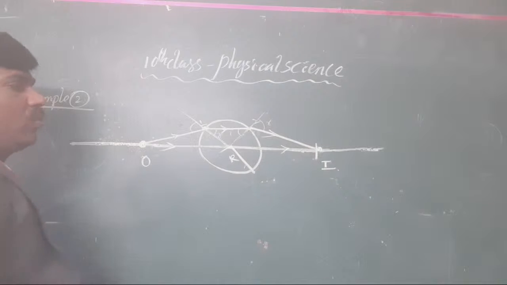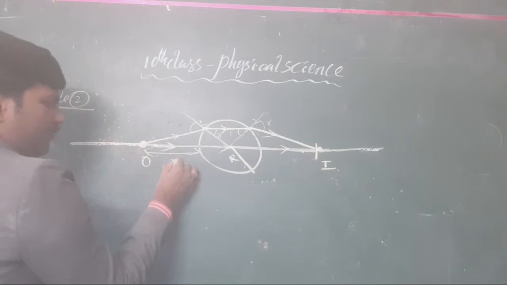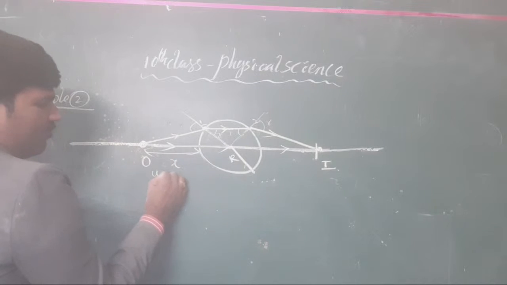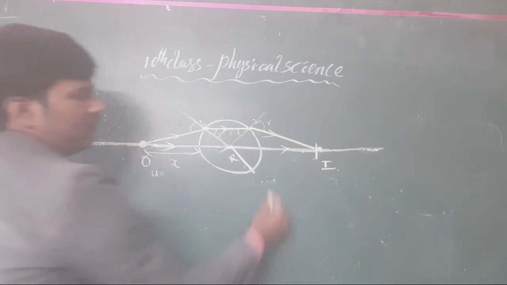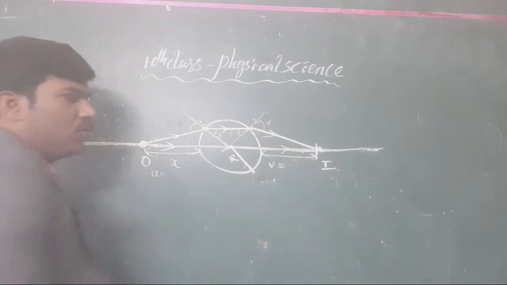Check it here: the distance from the object to the first surface is taken as x, that is u, and here we take v, whatever the distance is from here to here.